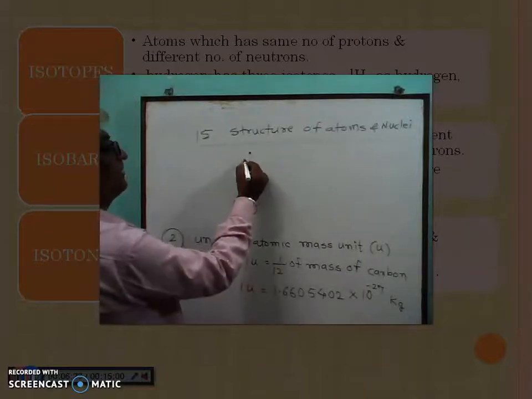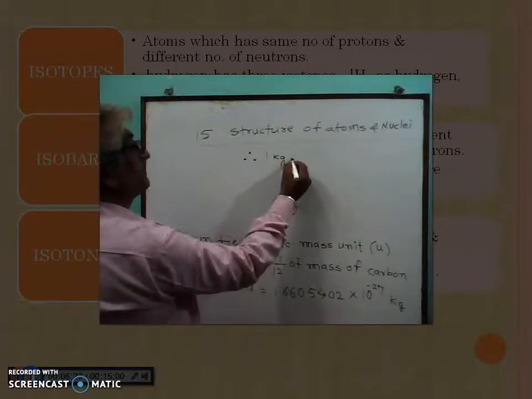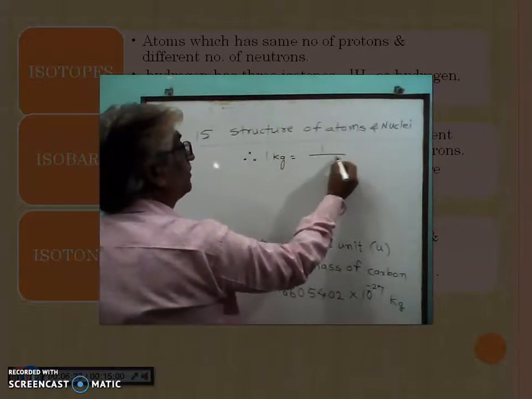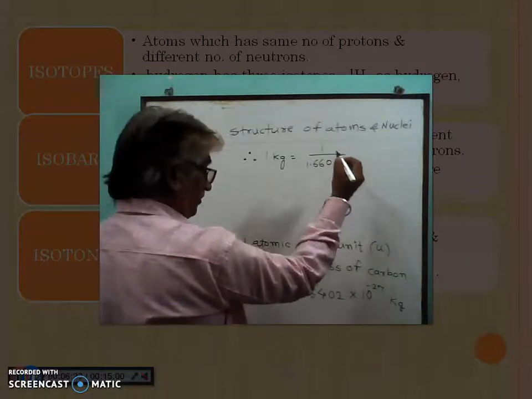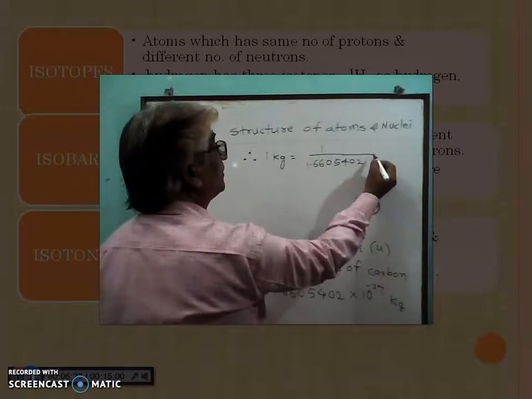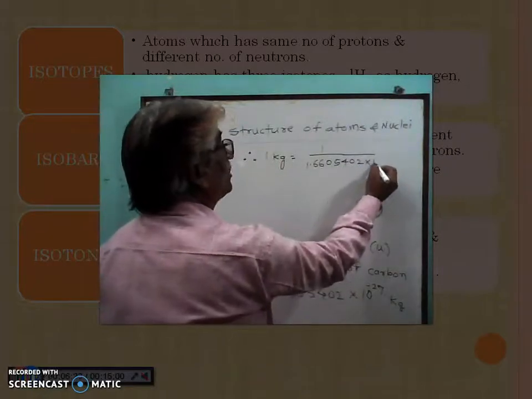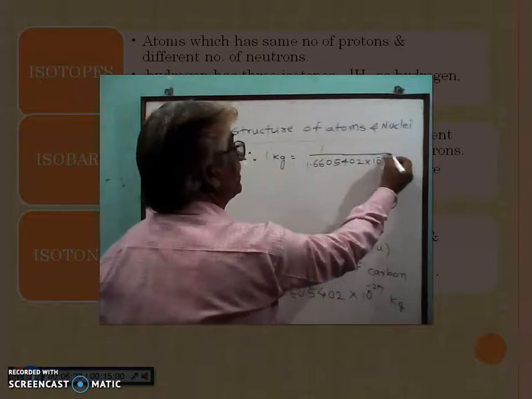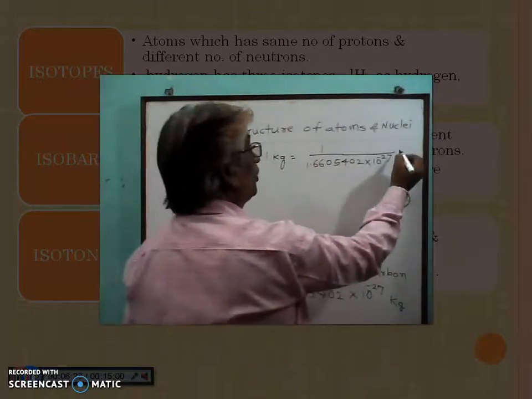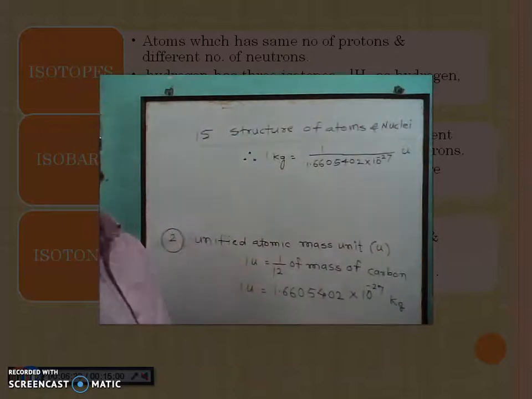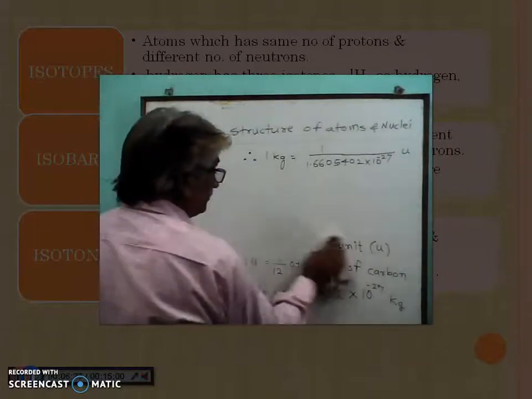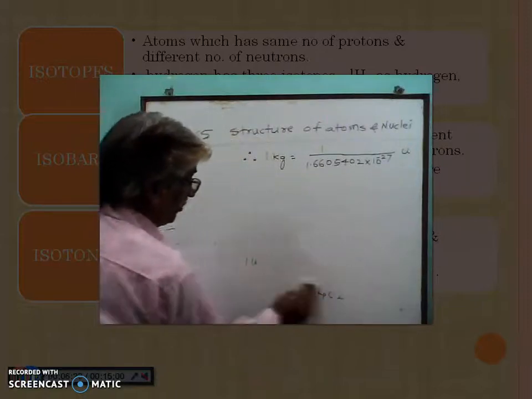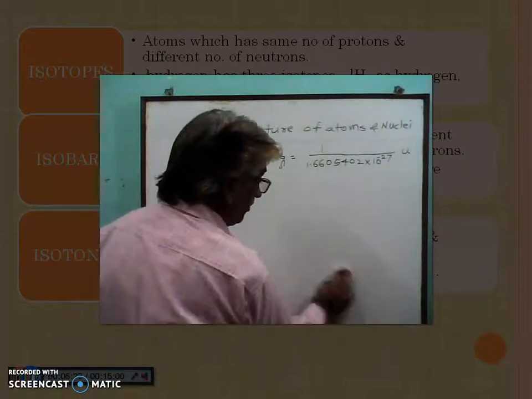Therefore 1 kg is equal to 1 upon 1.660540 into 10 to the power minus 27 unified atomic mass units.